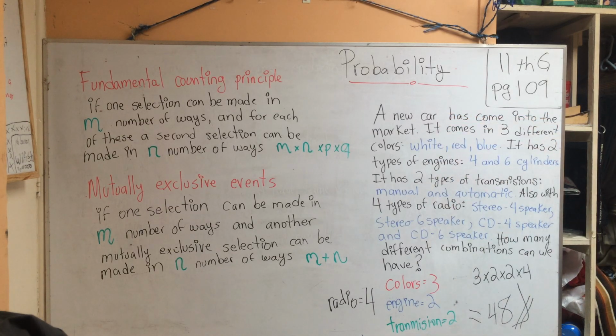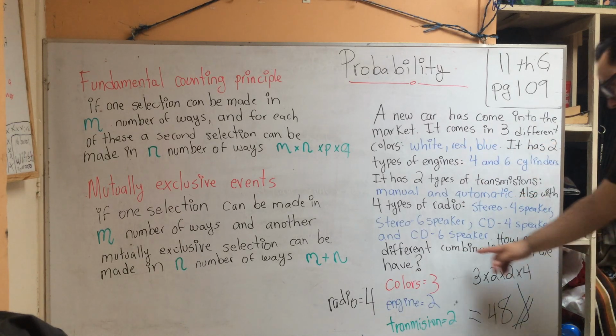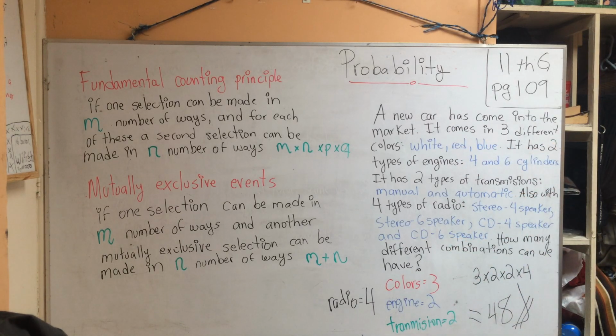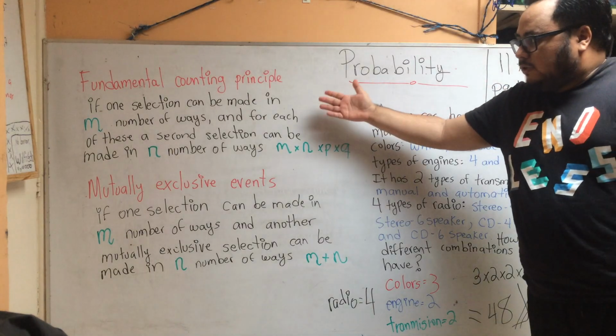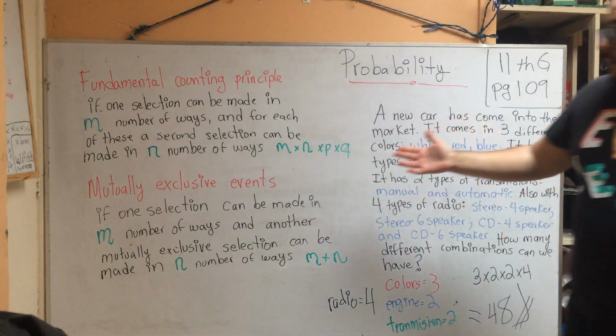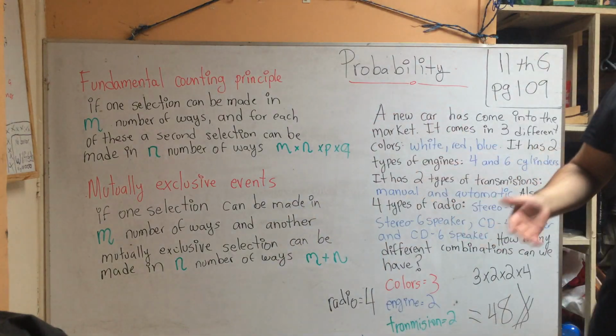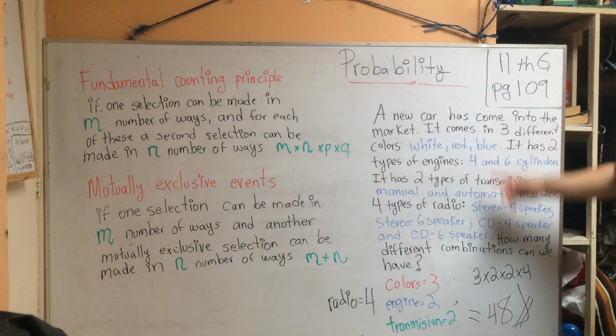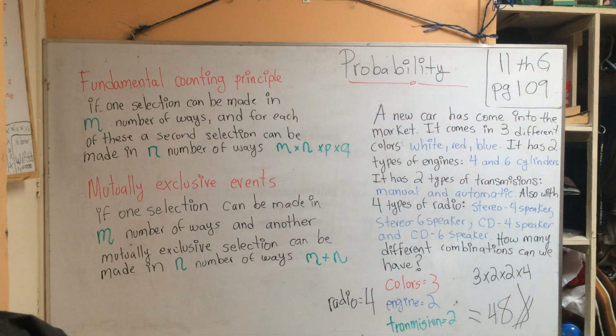That means we can have it in red, with automatic, with a 6-cylinder, and with a CD with 6 speakers. If we were to count all of these manually, we could spend an hour on the exercise. But using the fundamental counting principle, we just multiply the number of selections for each event, and we have the total number of combinations.